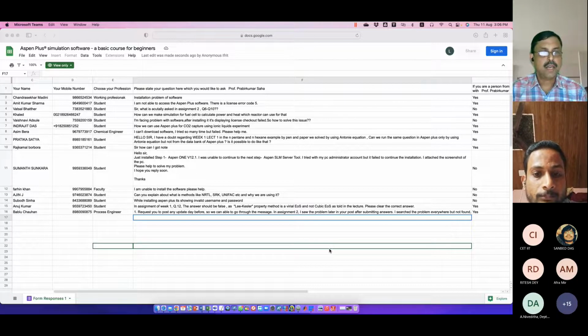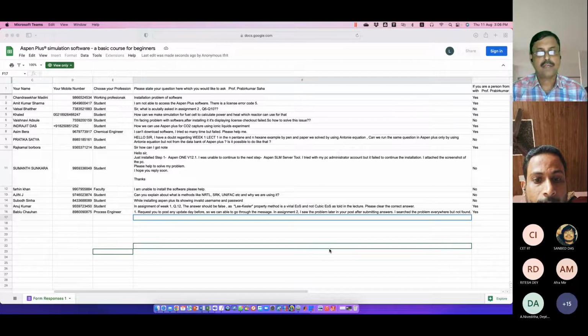Then Khaled is asking, how can we make a simulation for a fuel cell to calculate power and heat, and which reactor can be used for that?